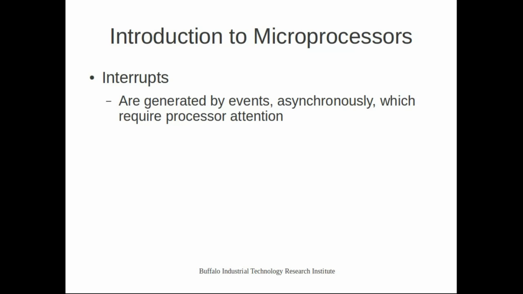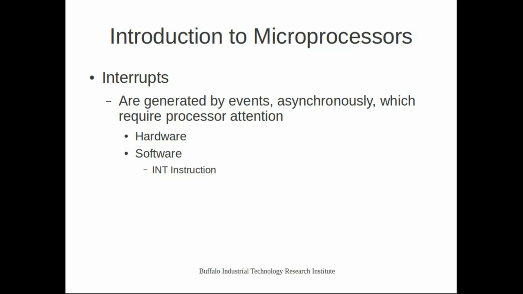This is called an interrupt. When an interrupt happens, the processor stops its operation and moves all the relevant data like the instruction pointer and other registers to the stack and executes what's called an interrupt service routine, which will process the asynchronous event.